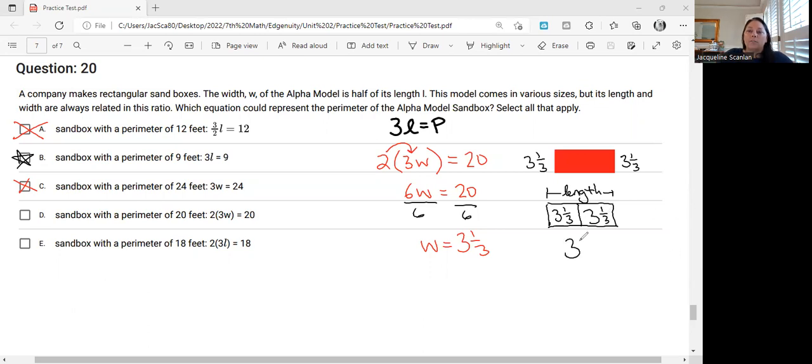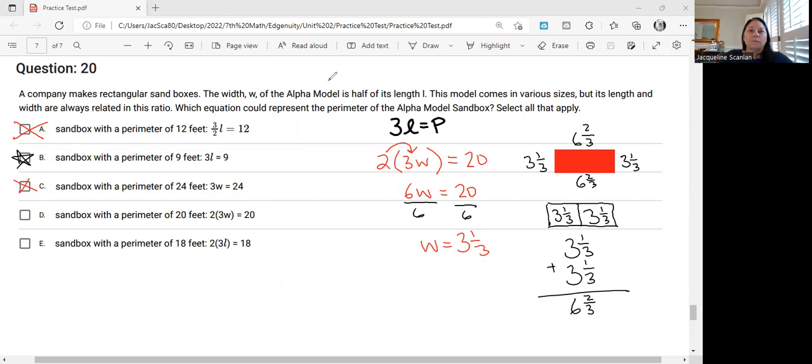So I could add those two together, or I could multiply it by 2. 3 1/3 plus 3 1/3 gives me 6 2/3, which is my length. So this would be 6 2/3. I have to make a little extra space here. And this down here would be 6 2/3.